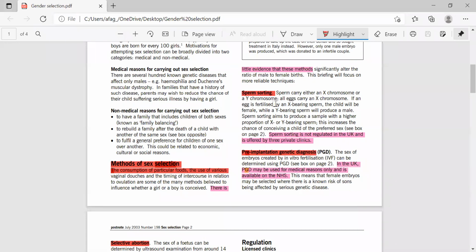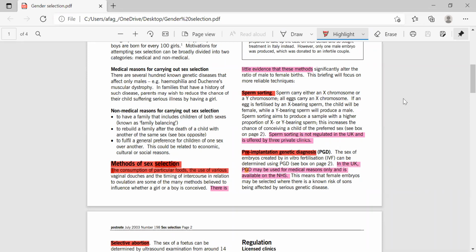And also the reliable techniques. What in medicine is true? There is a method called sperm sorting. What they do in this technique is take the sperm and put it in certain lab environments.